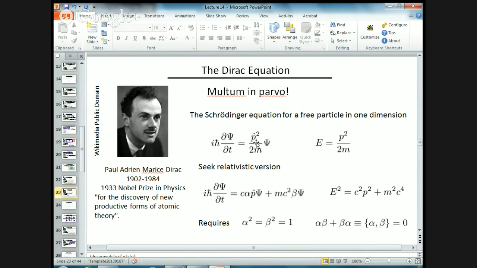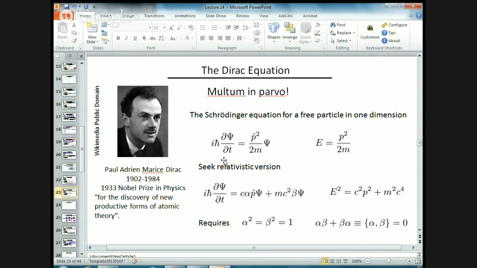Here the momentum P is represented as a gradient. So this is first order in time and second order in space, and that's not relativistically invariant. And Dirac said it's kind of unsatisfactory. We ought to find a relativistically invariant theory that is first order in both time and space variables, because we can interchange them arbitrarily by choice of reference frame.